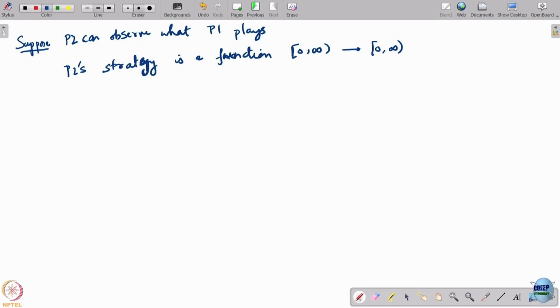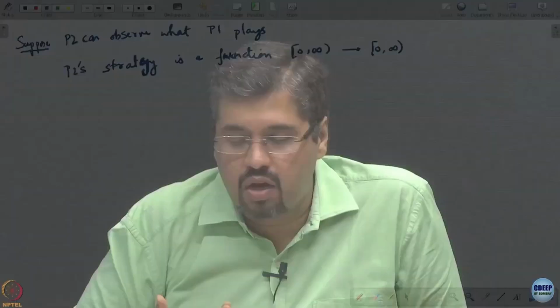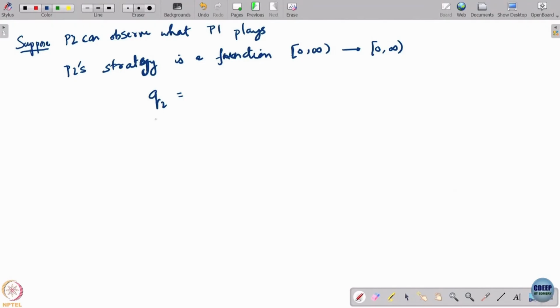The quantity that he actually produces, which in fact eventually influences his cost and his profit, is what is called the action. Okay. The quantity that he produces is the action. So, Q2 here is his action, and Q2 is chosen as a function of his information being Q1.